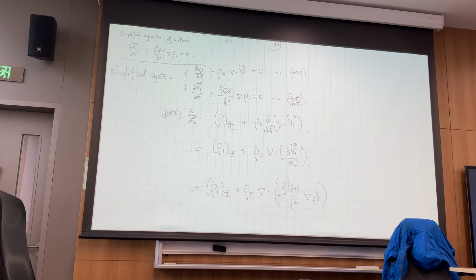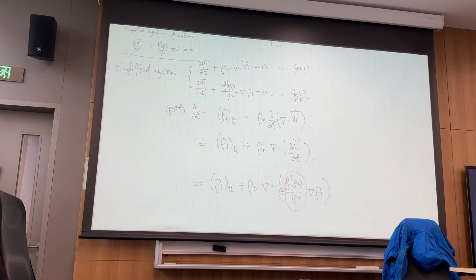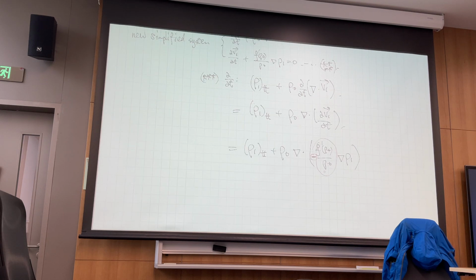Which are parameters that we can extract instantly? Negative can go out. F prime rho 0 and over rho 0, these are also constants that can go out. Okay, so these things will go out. And you see, here's a rho 0, here's a rho 0, so they can cancel with each other.